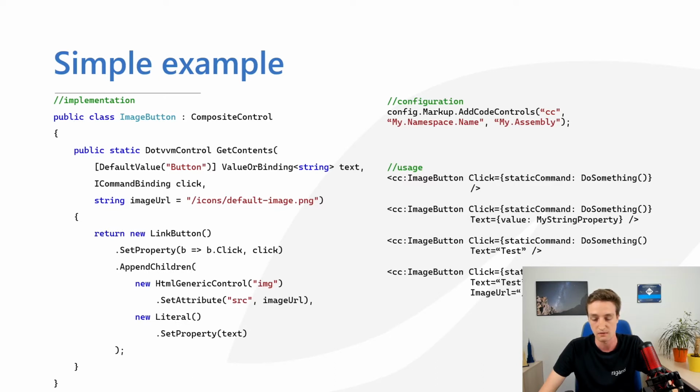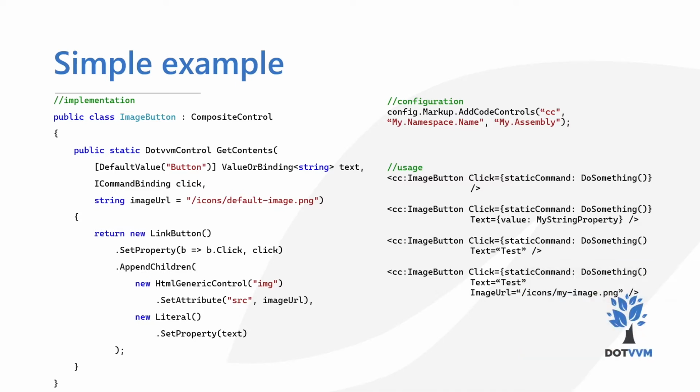As you can see from the usage, the only required property is click, and without click your page simply doesn't compile. But we can simply say that this click is also nullable, and it also has a default value of null. The next one is the iCommand binding property.